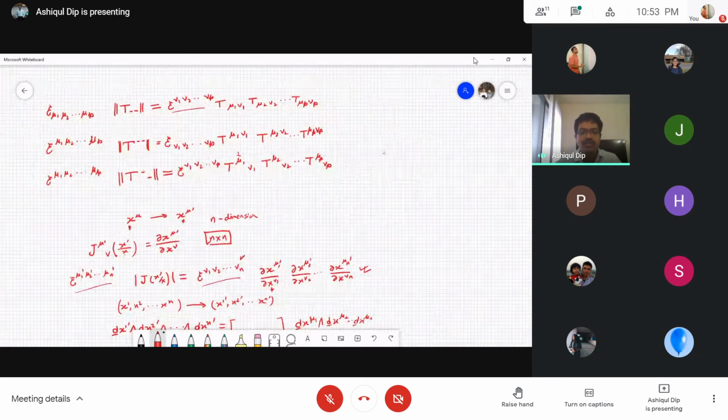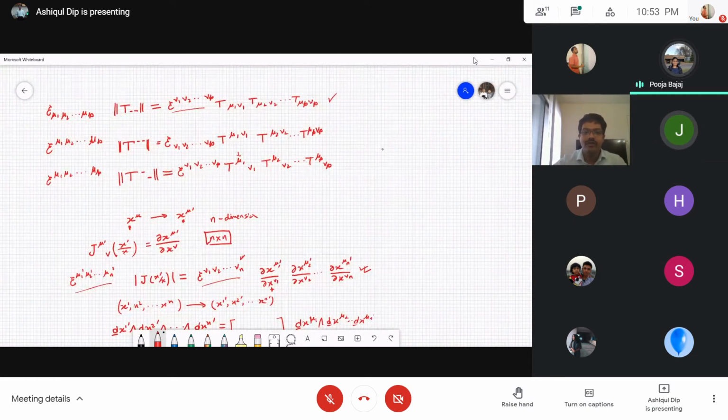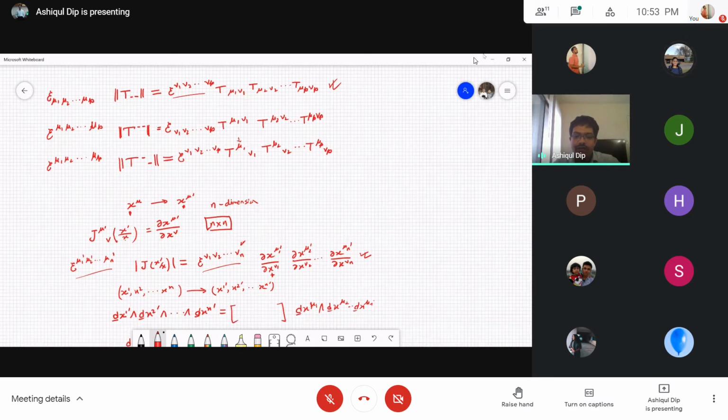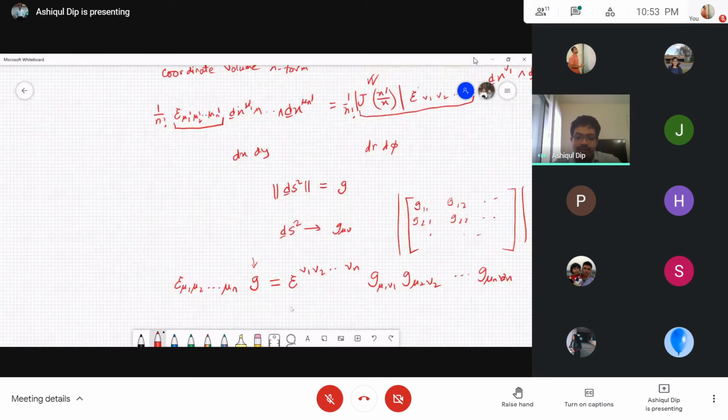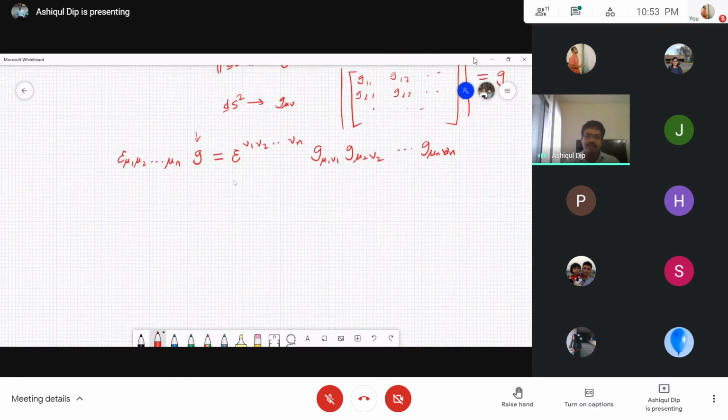Probably on this page. Remember? We are just, instead of substituting T, substituting the metric tensor itself. That will give you this final result. Okay, great. So we understand at least this.